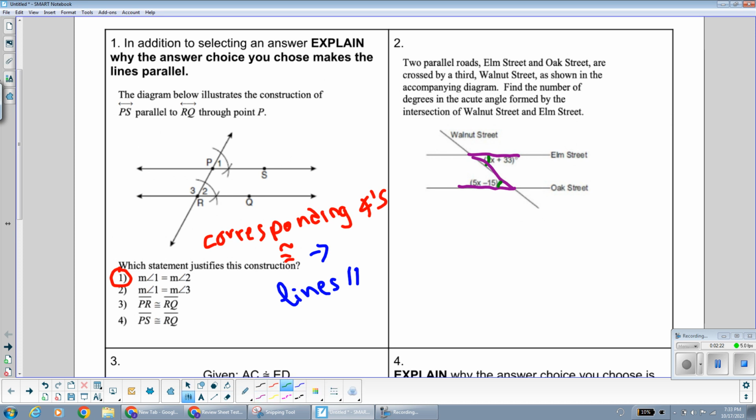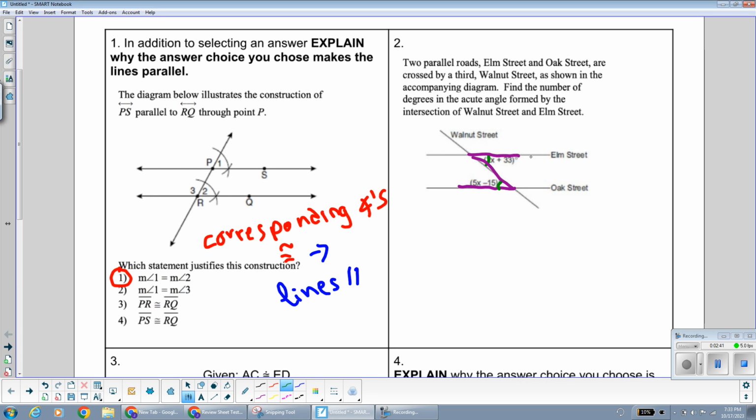And you can think of these angles as being inside the lines on different sides of the transversal. This one's to the right of the transversal, this is to the left of the transversal. But if you see a Z, either backward Z or forward Z, that would be alternate interior angles. So here we have a Z, that's alternate interior angles.